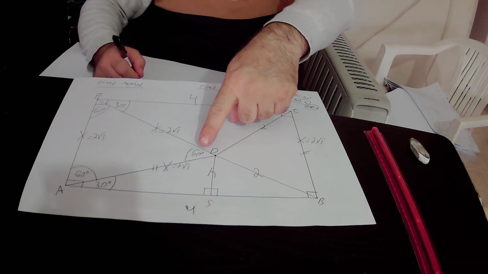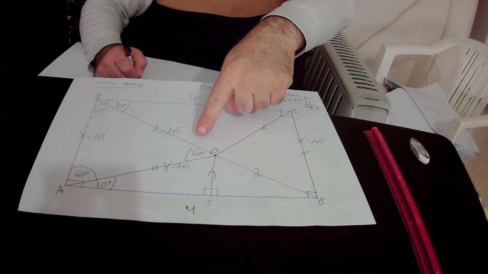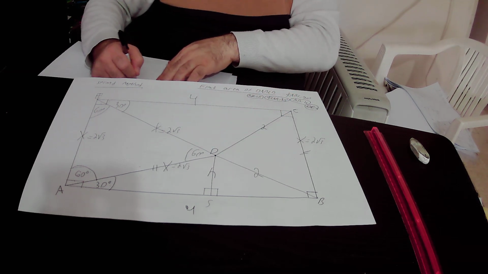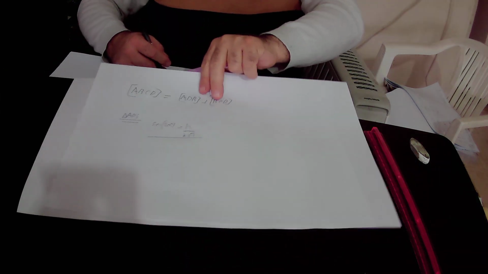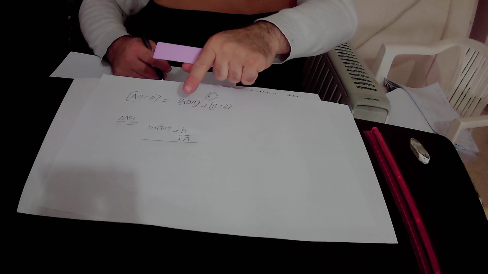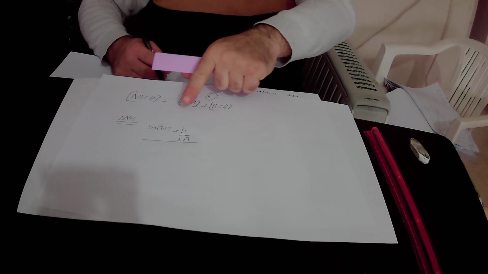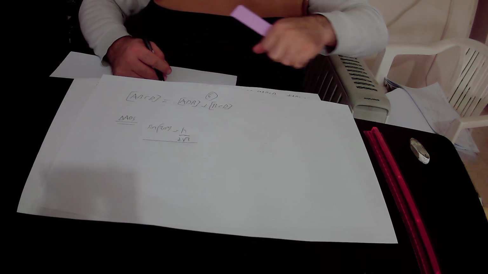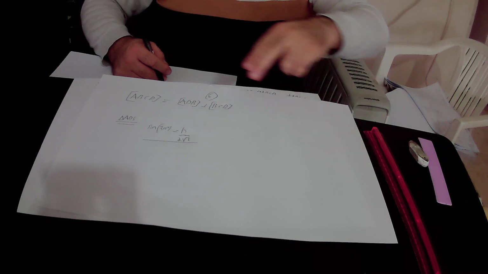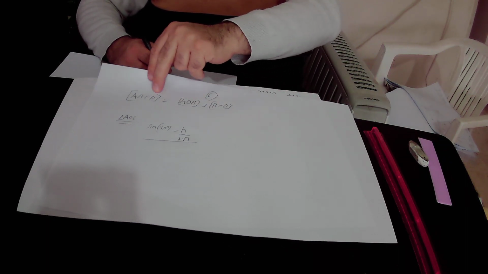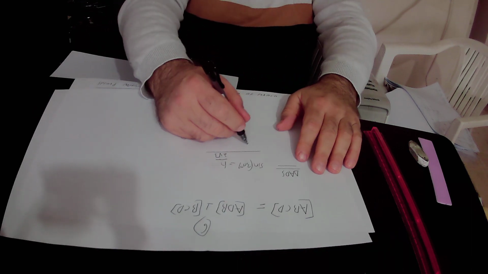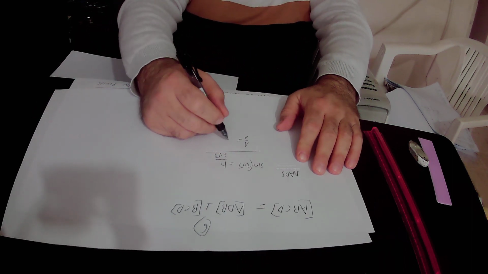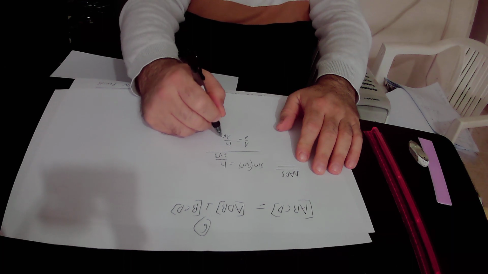The hypotenuse is 2 times square root of 3 units. I repeat again: in triangle ADS, sine 30 degrees equals H over 2 times square root of 3 units. Sine 30 degrees is 1 over 2, so we will get that 1 over 2 equals H over 2 times square root of 3.